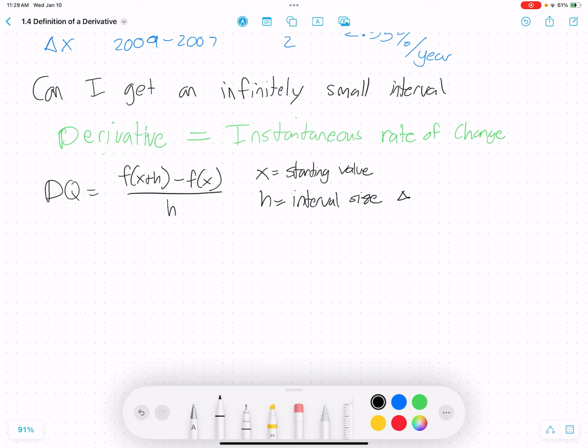Or you could also think about it as your delta x, your change in x, your interval size. Well, if I'm looking for the instantaneous rate of change, then I want that interval size to get as small as possible. Well, we can't actually let the interval size reach 0 because then I have a discontinuity. But what I can do is take the limit as h approaches 0.